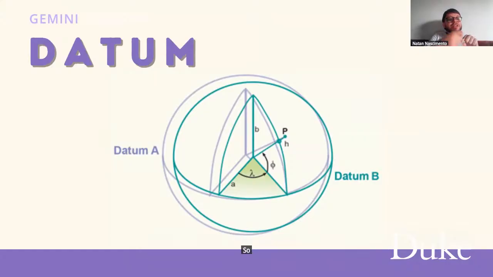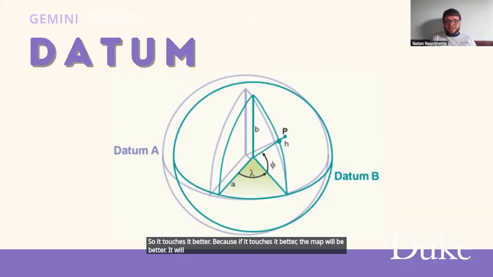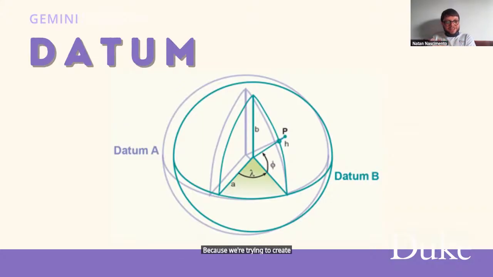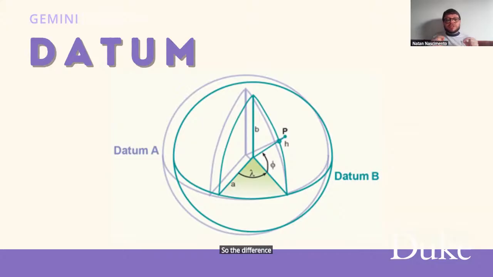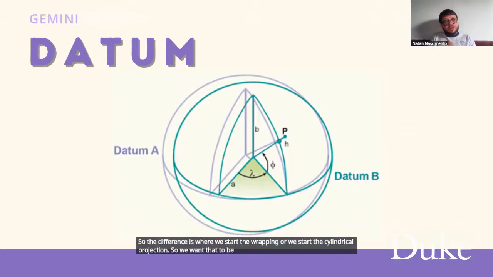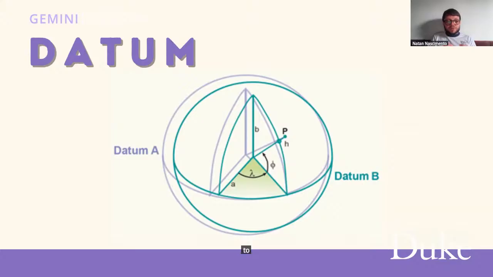It touches better, and if it touches better, the map will be better. It will lie less, because we're trying to create a flat surface from a geoid surface. So the difference is where we start the wrapping, or the cylindrical projection. We want that to be closer to the country that we're working with.